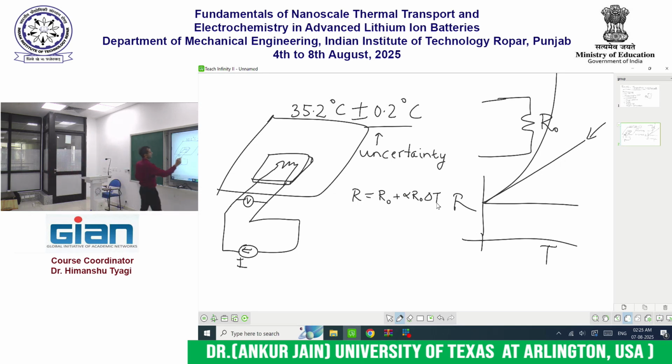So if for a certain delta T, delta R is alpha R naught delta T, and this is my change in resistance, the change in voltage will be I times the change in resistance, and that would be alpha I R naught delta T.